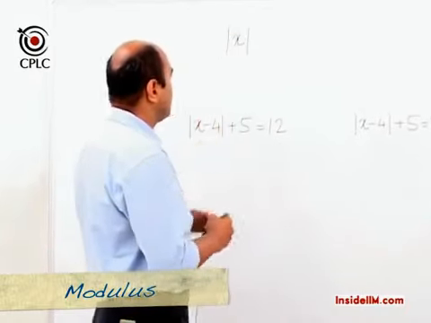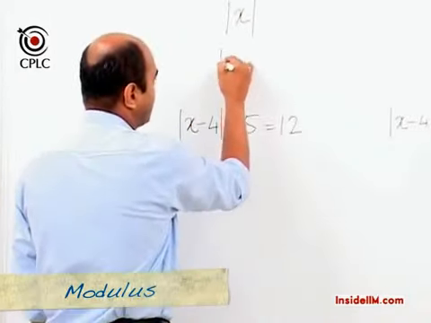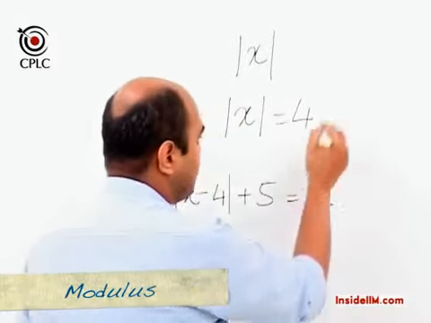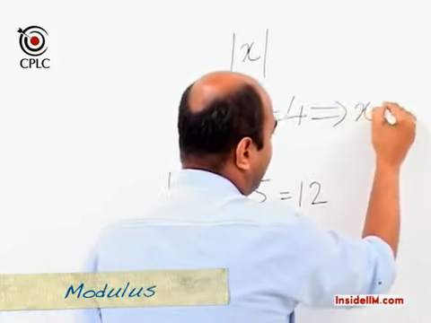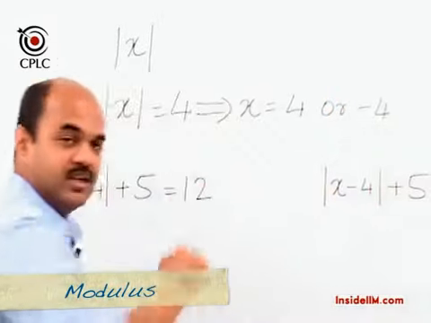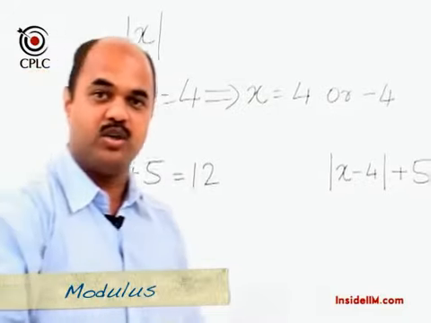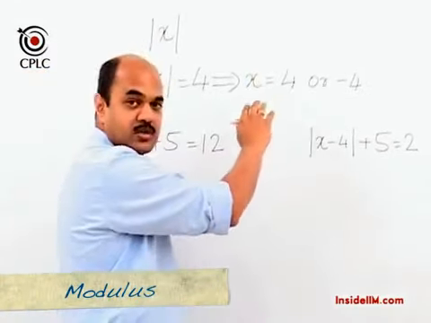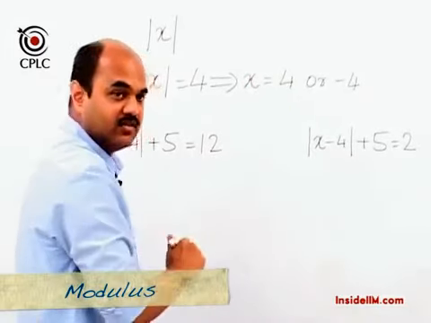Now how do we solve this further? Suppose we say mod x is equal to 4. Then what does it mean? It means that x is either equal to plus 4 or minus 4. So when we open up the modulus sign, we are supposed to take both possibilities, positive and negative.